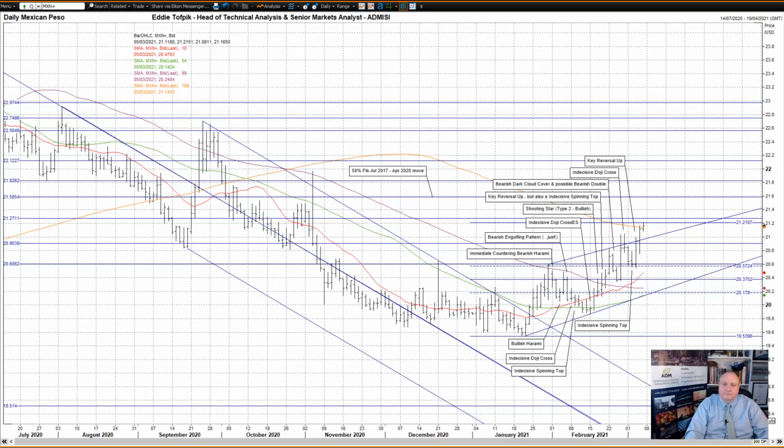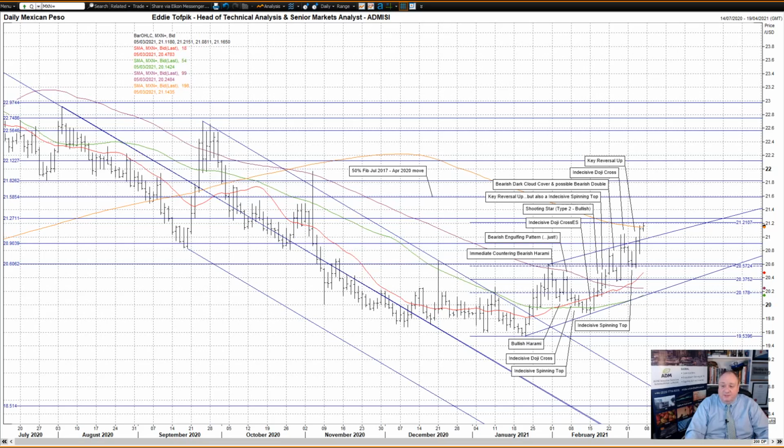US dollar against the Mexican peso. A second bullish white soldier yesterday and a suitable follow-on higher to the previous session's key reversal up. Importantly, it was the first close over the upper bull channel line, currently at 20.9638, of the recent bull channel.